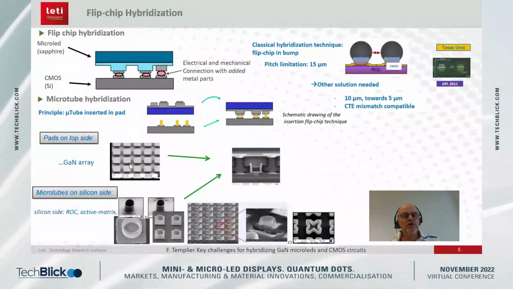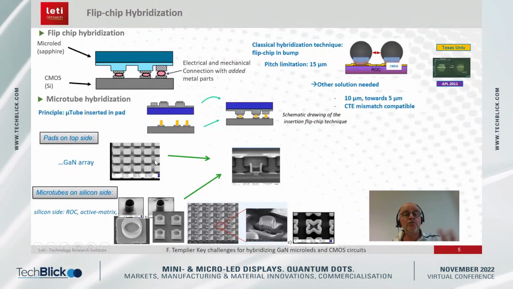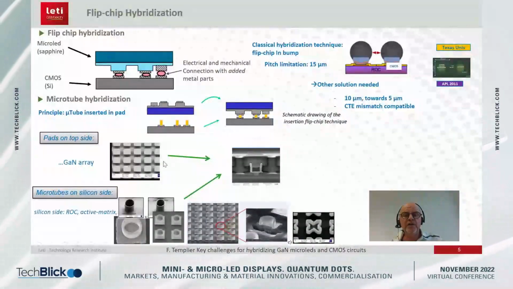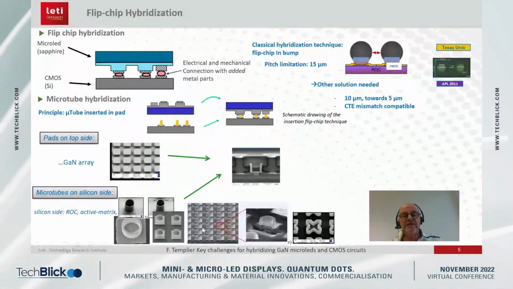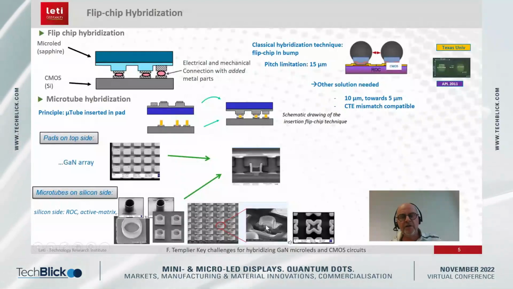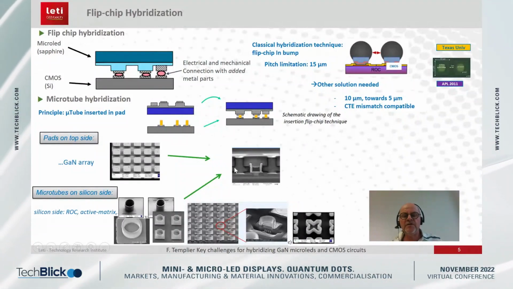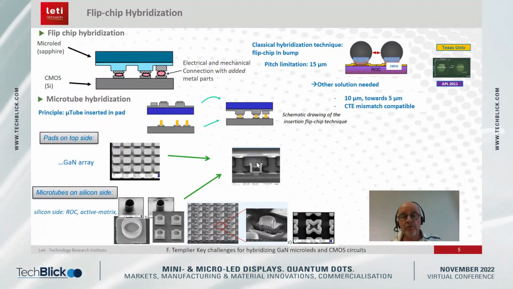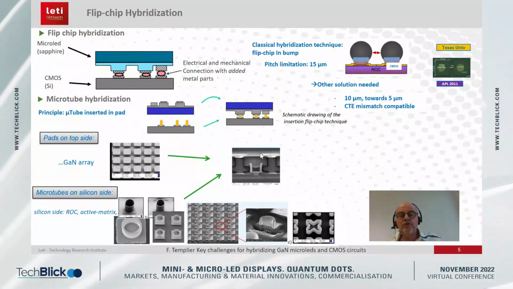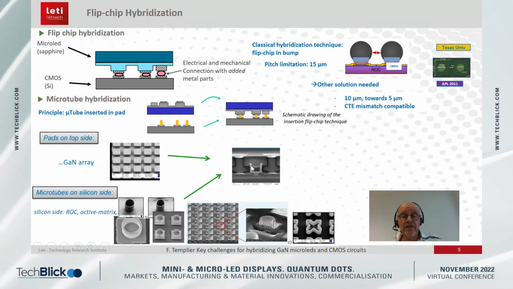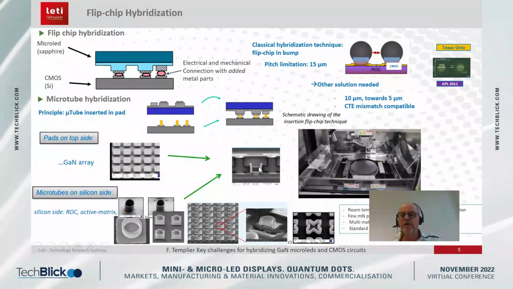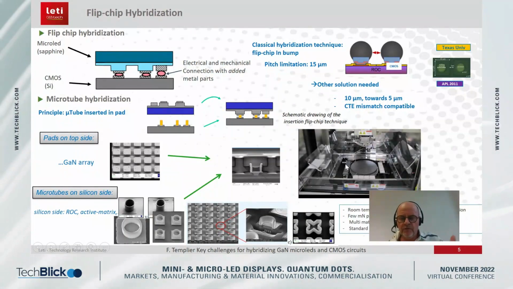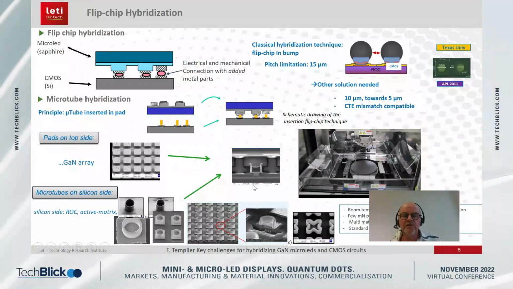Here we have the gallium nitride array with pads, which are soft material. On the other side, we have these microtubes with hard materials, very small size, and then you can see a cross section after hybridization, where the microtube is inserted mechanically inside the pad. So we use a special flip chip technology using this special approach.